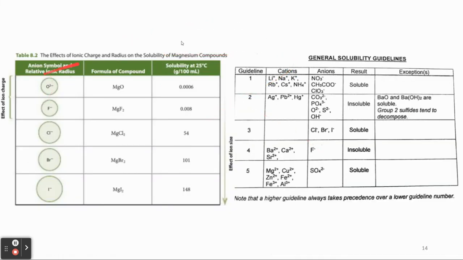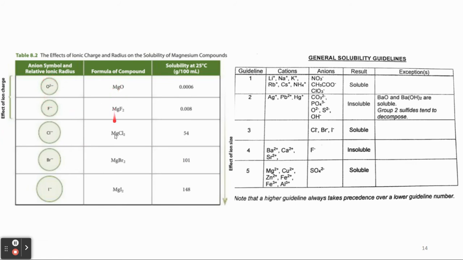And we already saw for ionic compounds that this table here is basically designed off the idea that we have different sizes and different charges, and that affects the solubility. This is a good table to know, not necessarily memorize, but understand the trend that's happening here with the size of the ions and also the size of the charge on the ions, like the 2 minus versus the 1 minus.